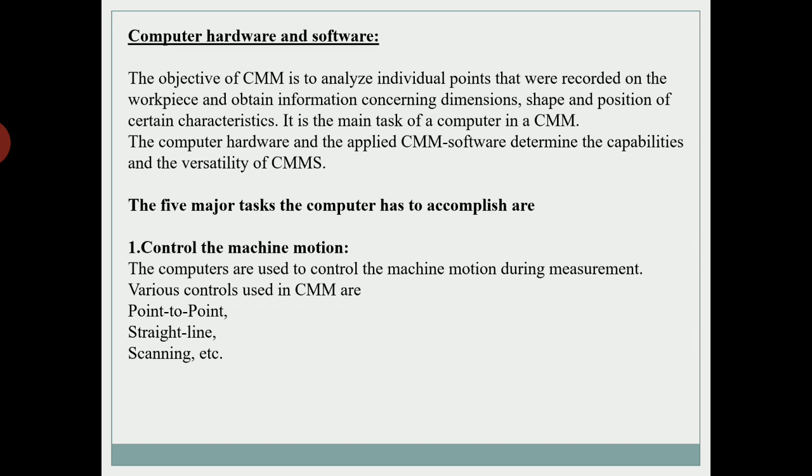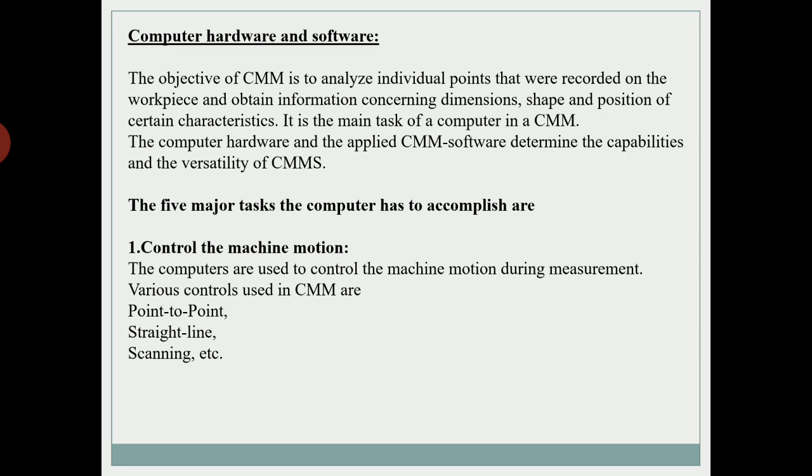It is the main task of computer in a CMM, to identify dimensions, shape, and position of certain characteristics based on the measurement. The computer hardware and applied CMM software determine the capabilities and versatility of CMMs.